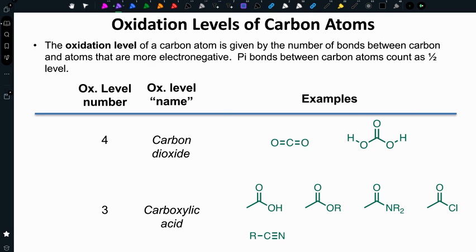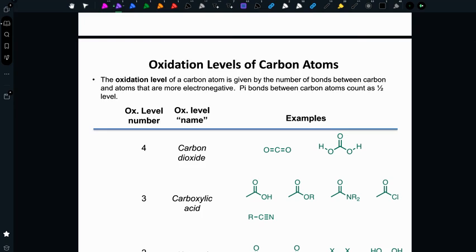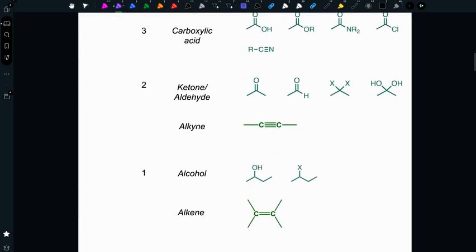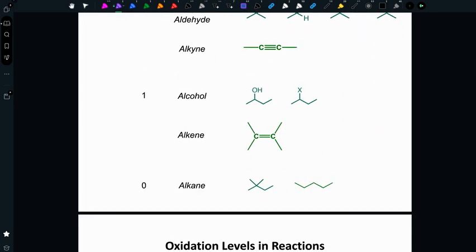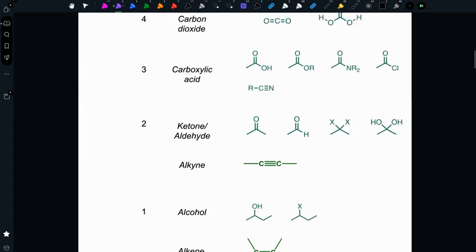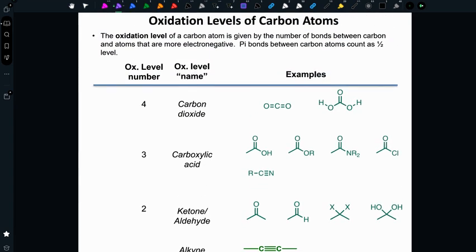And because carbon makes up to 4 bonds, essentially that gives us 5 oxidation levels that are possible. It can be bonded to 0 more electronegative atoms, or 1, or 2, or 3, or 4. So those are our 5 oxidation levels that we'll deal with. Most of the time, we'll be in the 1 to 3 range. In a typical chemistry class, you will see 0 and 4 from time to time.